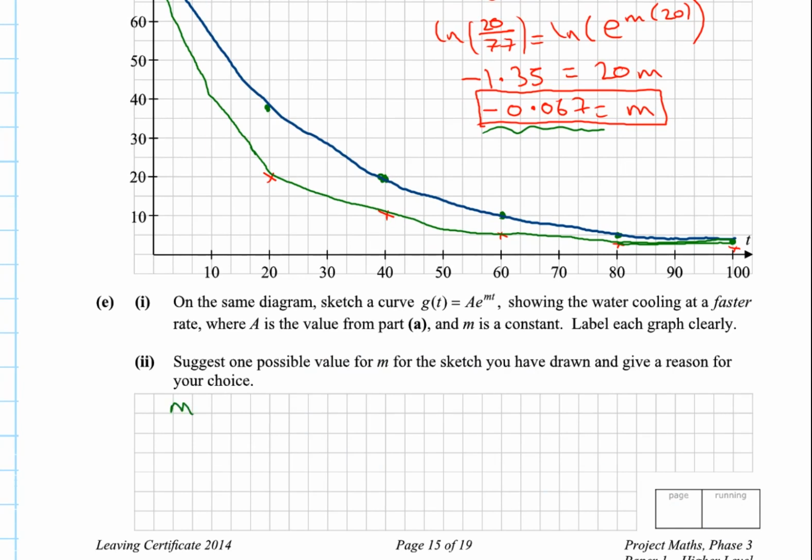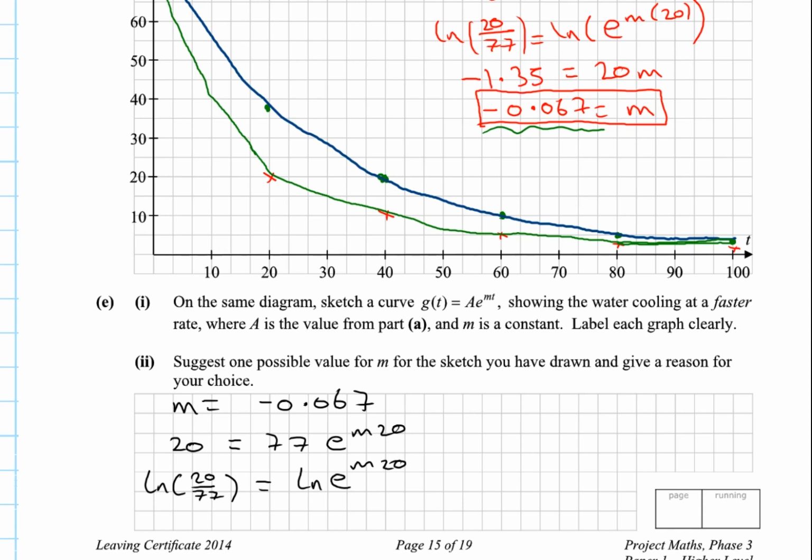So you could say m equals, let's say, minus 0.067, and then we could do all that again. 20 equals 77 e^(20m), and then you can have ln of 20 over 77 equals ln of e^(20m). So we're left with 20m equals minus 1.35, then therefore m equals minus 0.067.